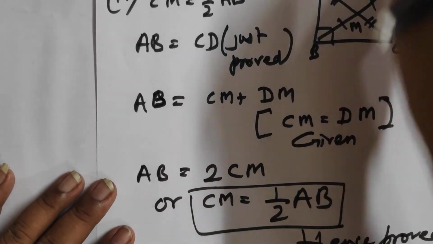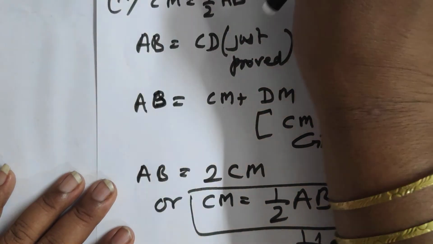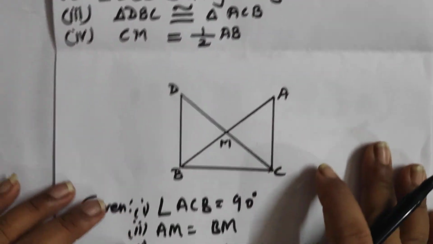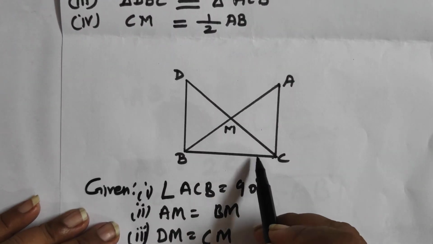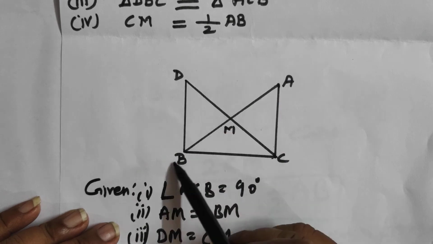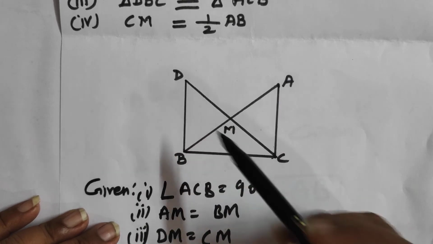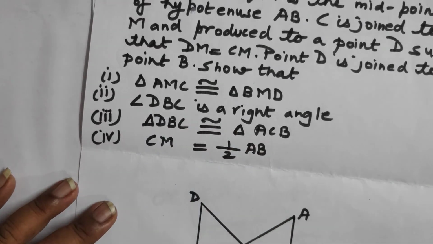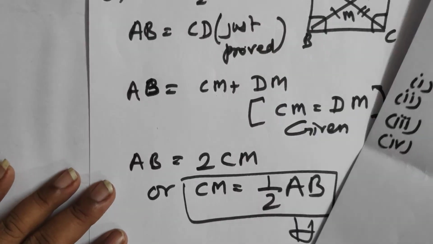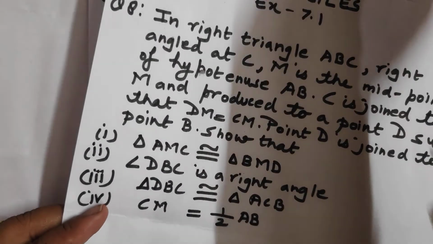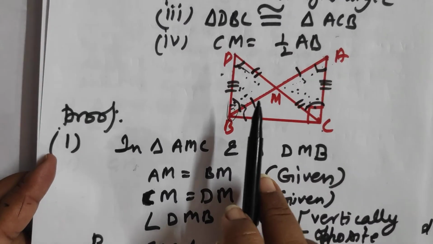Clear? Now come to the question again. Here the question is given, this angle is 90 degree and AM is equal to BM and CM is equal to DM. We have to prove these 4 points. Yes. So first of all, what we have done, we have proved these two triangles congruent to each other.